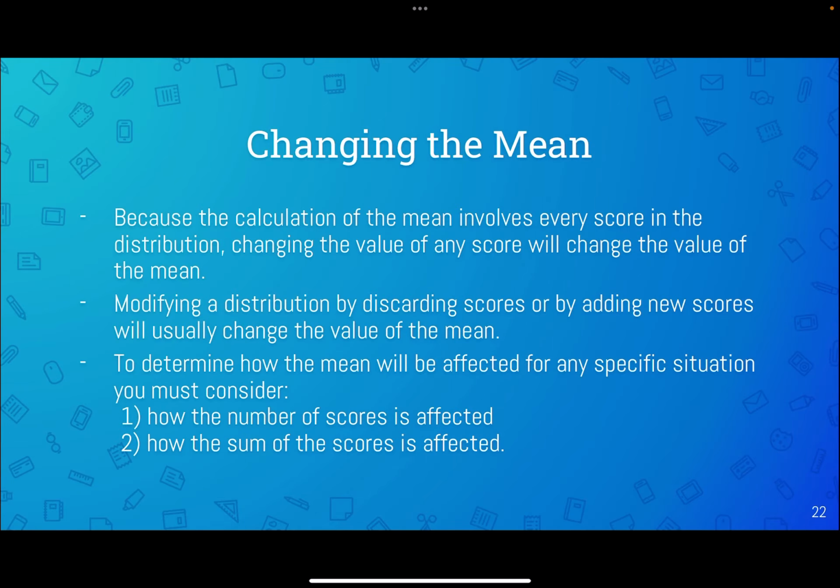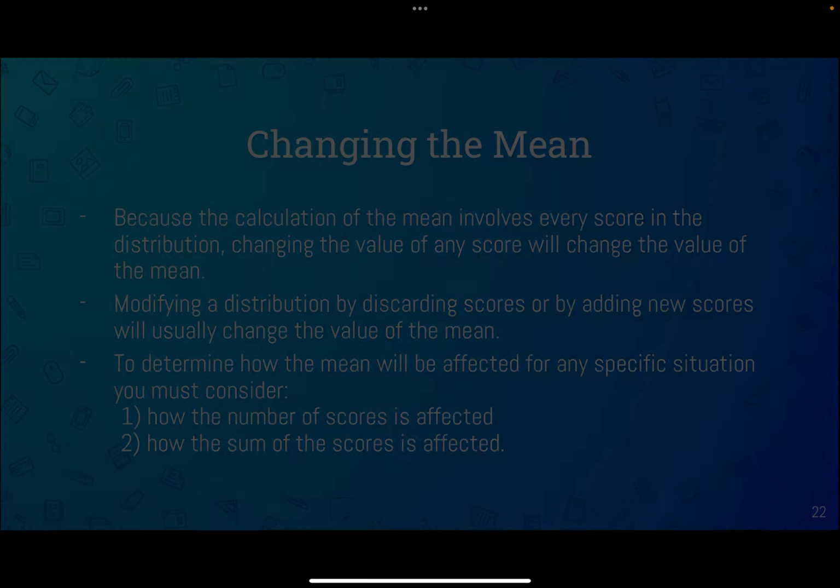When we change the mean, we can change it by adding or subtracting or multiplying numbers, but we need to know how we are changing that mean. So we can change the mean by discarding some scores or by adding some scores, and that would change the value of the mean. So when you're changing the mean, you have to be super careful as to what you are changing.